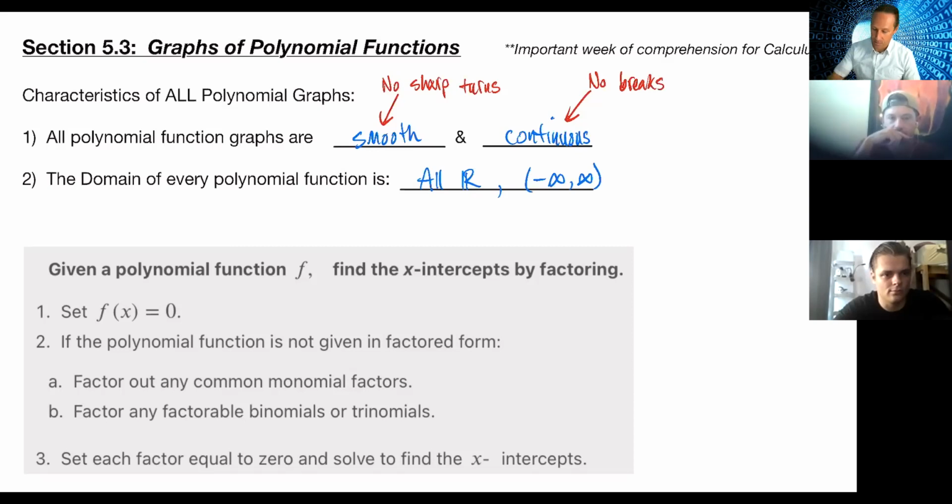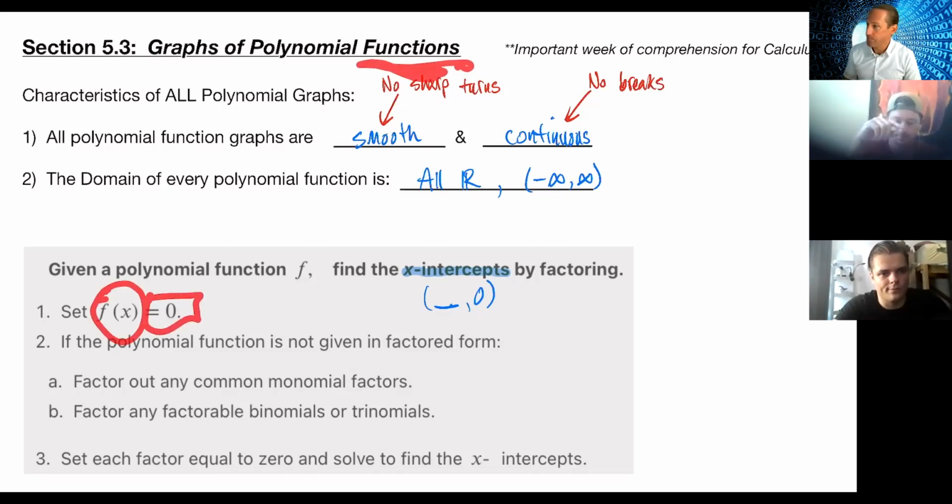Okay, so we're going to start by talking about some of the things that we've already reviewed, and that is how to find the x-intercepts. Remember, the x-intercept was when we let y be 0. And our y value, if it's a function that we're talking about, means we set that equal to 0. So we said, what's our quickest, easiest method to solving an equation?